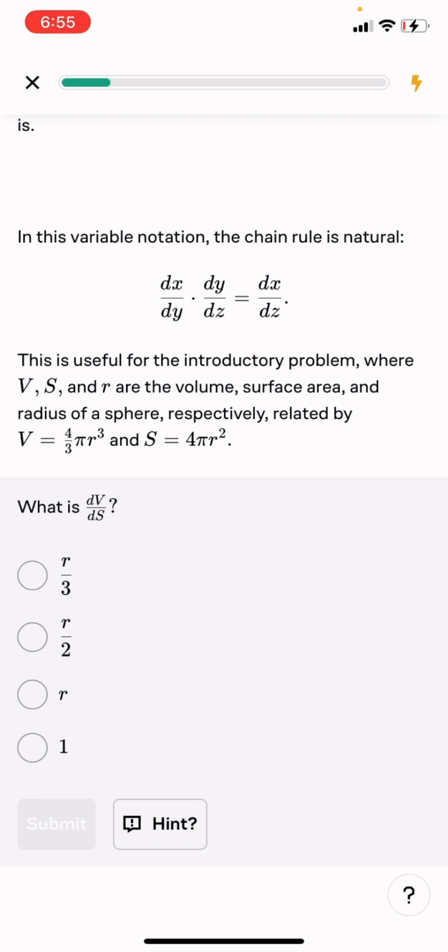Okay, what is the derivative of volume over derivative of surface area of a sphere?